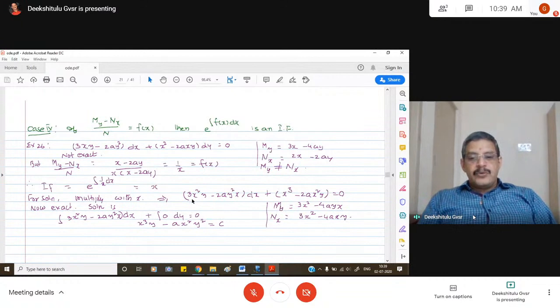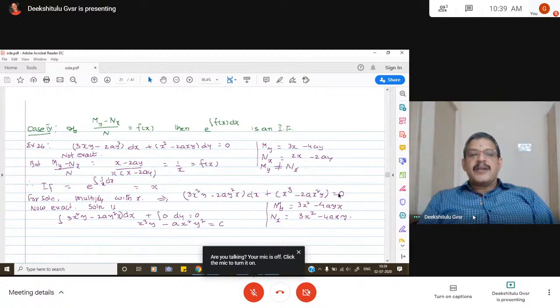So let us check whether the new equation is exact or not, whether the purpose is served or not. So this is your new M now. Dou m by dou y is 3x square minus 4ayx, and this is N now. Dou n by dou x is 3x square minus 4axy. So clearly dou m by dou y is equal to dou n by dou x. So the new differential equation is exact.